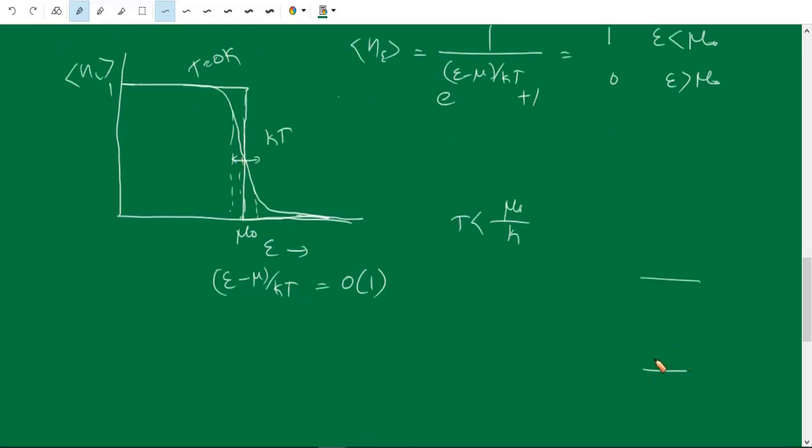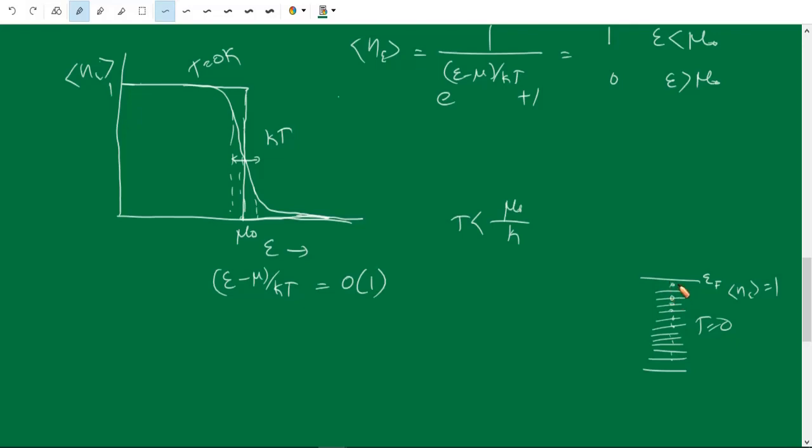We know that at T equal to 0 Kelvin, all the energy levels are occupied with one particle each, so the average number of particles per level is 1. Now when the temperature is slightly increased, around this energy, called EF, excitation happens.